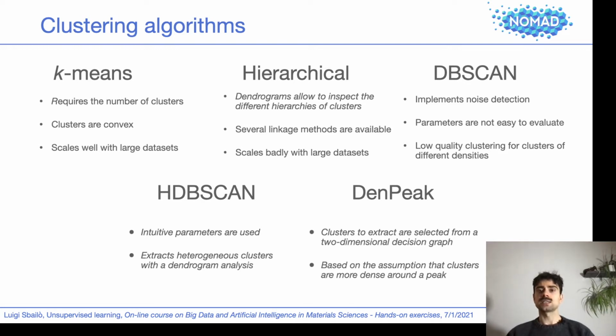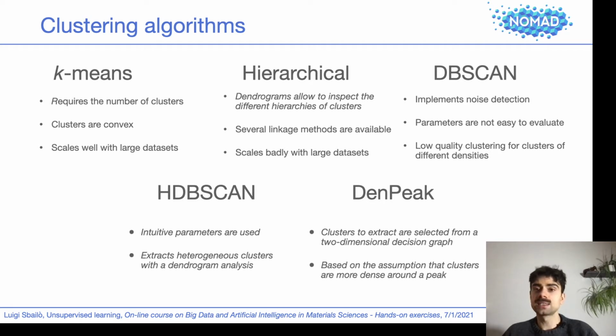Then we have seen one of the most exemplary density-based algorithms, DBSCAN, which is based on the assumption that clusters are composed of points in high-density regions and are separated by low-density regions. The low-density regions constitute the noise, so DBSCAN is able to detect noise, and is also able to detect clusters with different shapes and size.